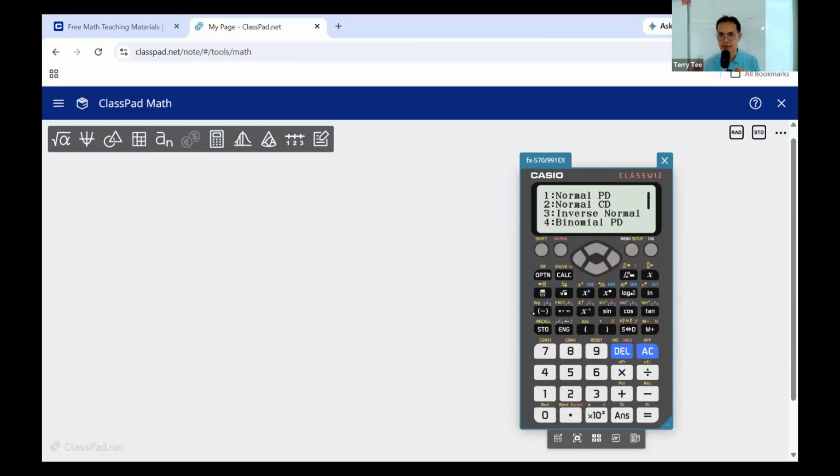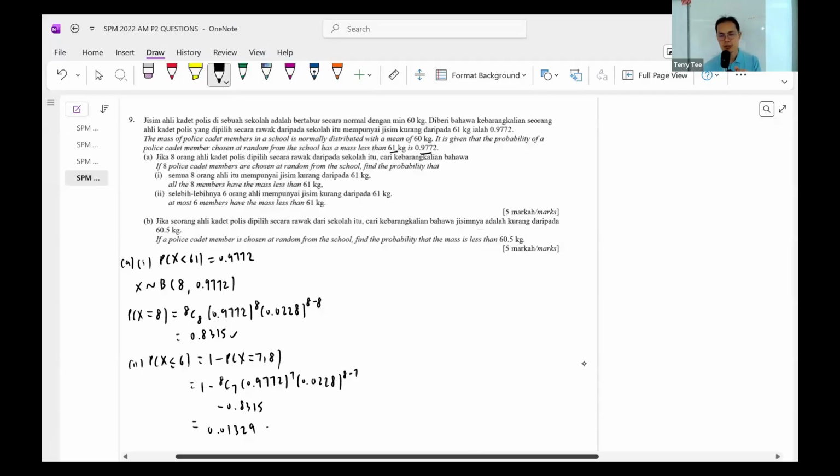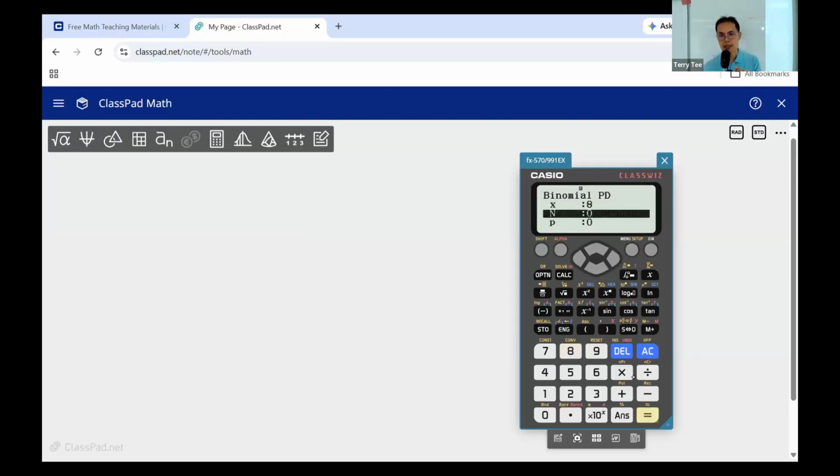If you want to find a specific value, you press 4 for binomial, go to 2 for variable. What's your x value, guys? Your x value is 8. The first one is 8. So you can put an 8 here. Your n is 8. Your probability is 0.9772. There you go. 0.8315. So this is one way.